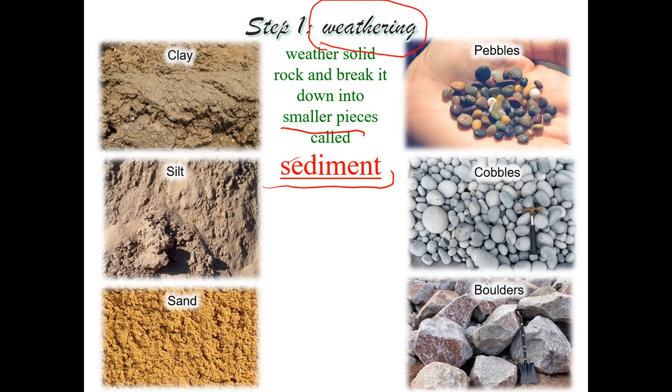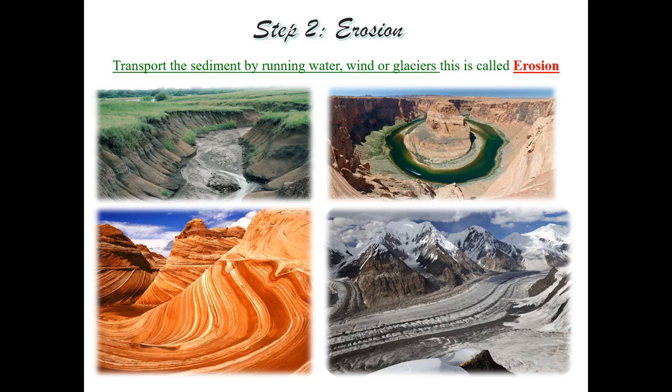We have 6 different sediment sizes: clay, silt, sand, pebbles, cobbles, and boulders. If they combine to make sedimentary rocks, we give them different names because we categorize clastic sedimentary rocks based on their grain size.